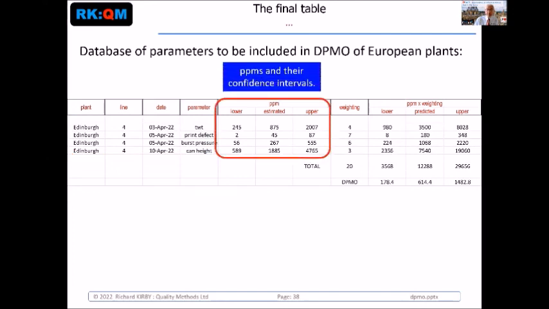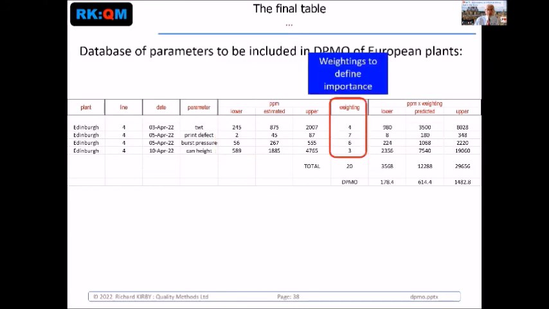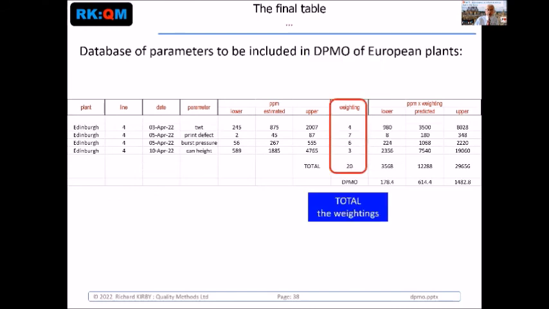You enter the ppm and the confidence limits for each parameter. You enter the agreed weightings for each parameter. 4 for top wall thickness, 7 for print defect, and so on, or whatever you use. You total the weightings. 4 plus 7 plus 6 plus 3 is 20.